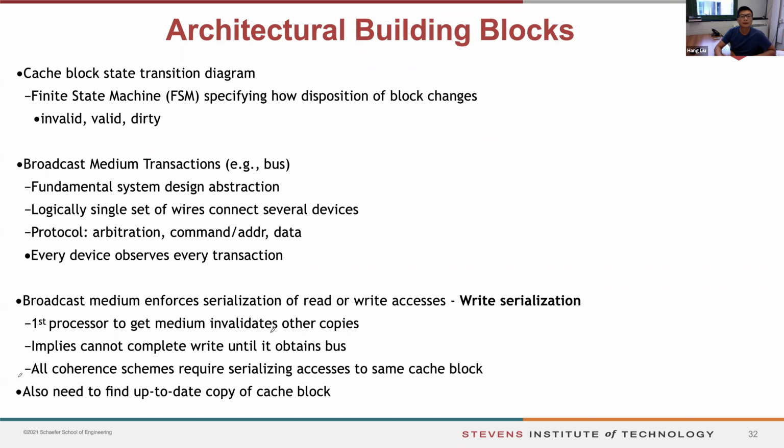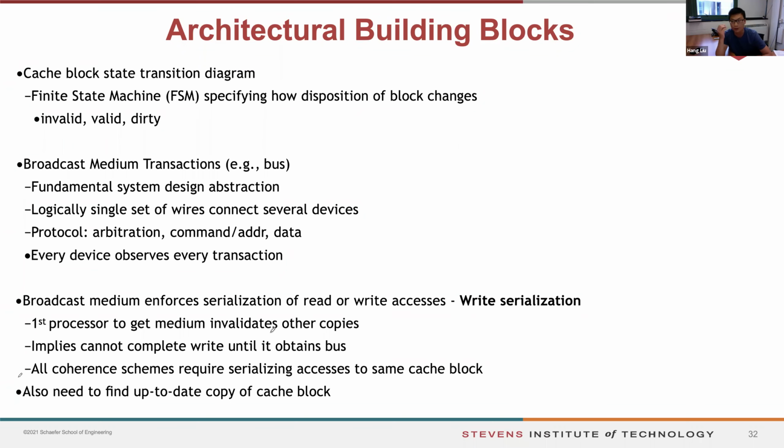Okay, the architecture building blocks that are required to support the snooping protocol is the cache block state transition diagram. It's a finite state machine specifying how the disposition of a block changes among invalid, valid, dirty, shared, etc. And they use the broadcast media to broadcast the transactions, and this media is atomic.